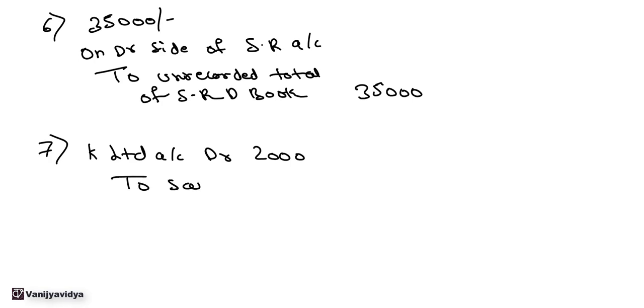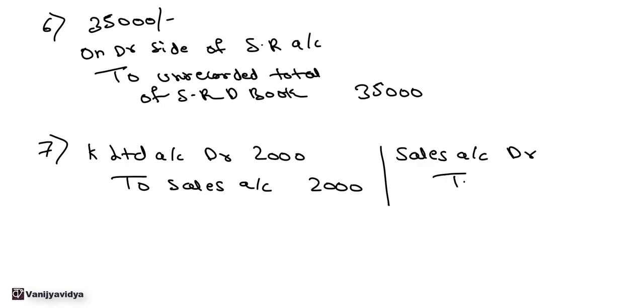Since it has been directly taken to your sales day book, it has been considered as a sale. Now the reversal of this wrong entry will be sales account debit to K Limited account 2000.